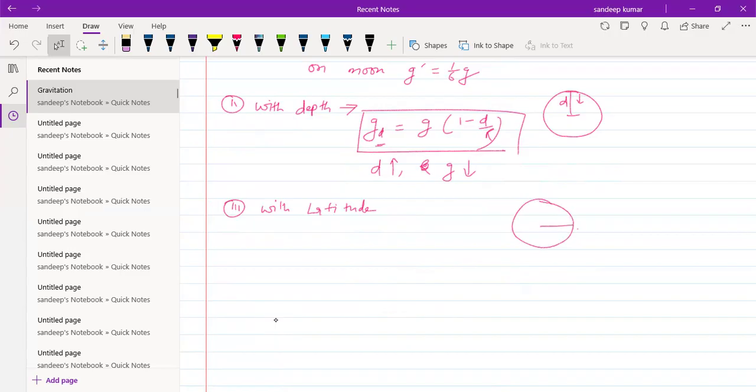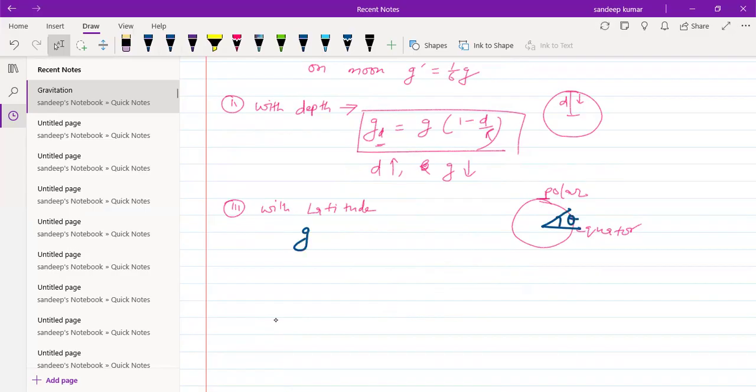This is the equator, the equatorial plane, and this is the pole. The angle made by the line from any point on the surface of the earth with the equator is called latitude. Let's say it is theta.